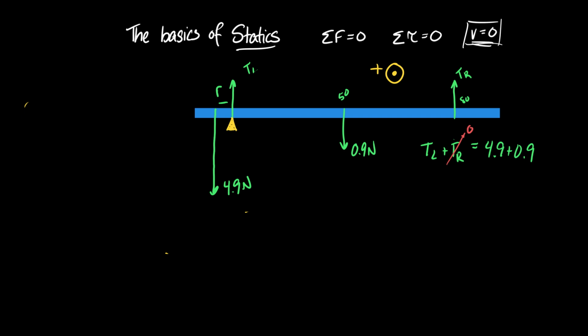Step 3, set those torques equal to 0. Step 4, decide the direction of each of your torques. Step 5, come up with an expression for each torque.